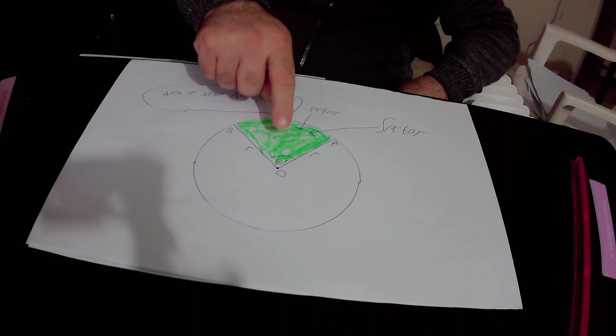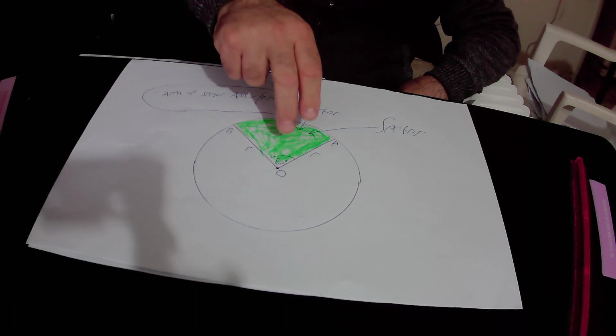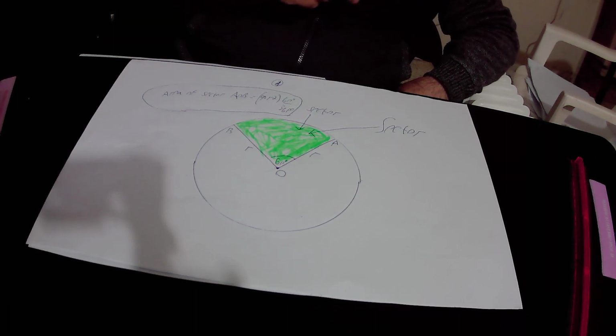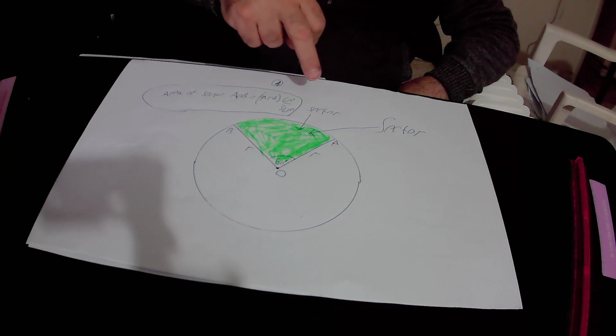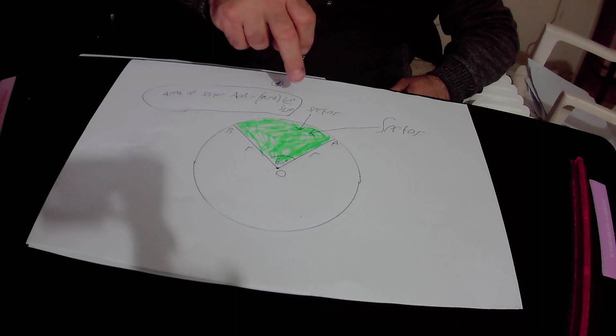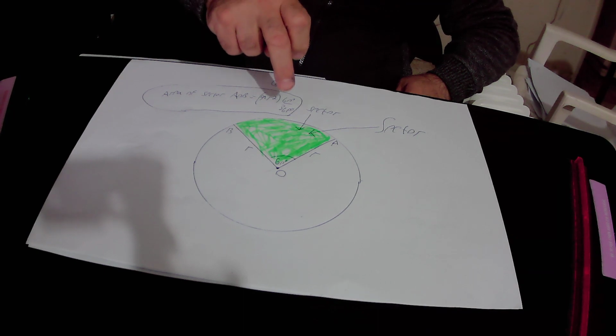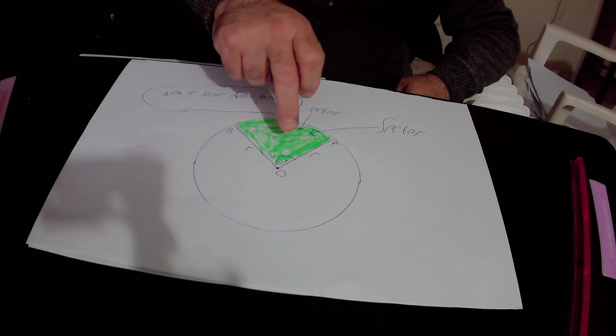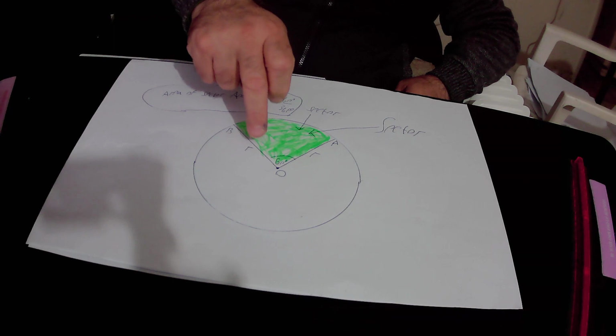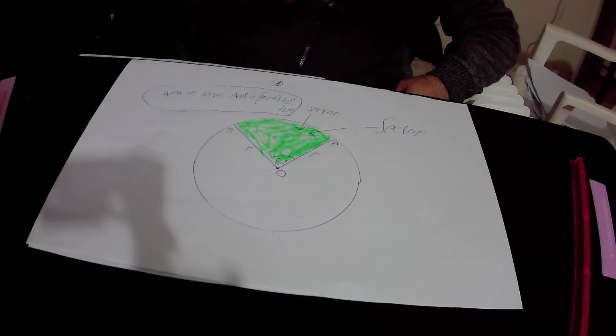I just gave an example of a specific sector. So the area of a sector is pi r squared, where r is the radius of the circle, times the angle between the two radiuses over 360 degrees.